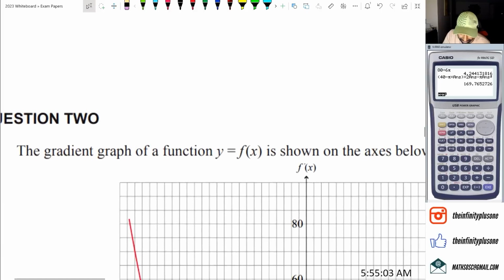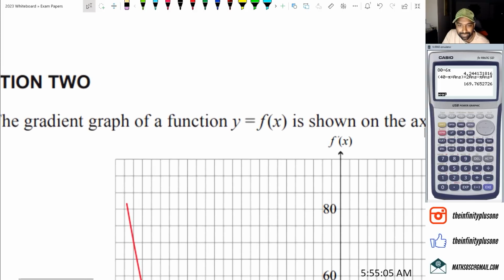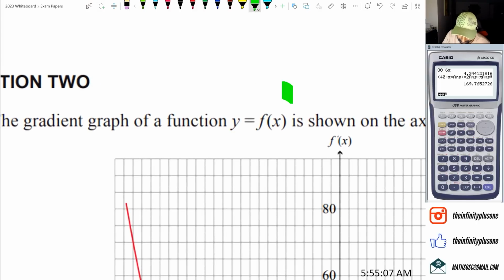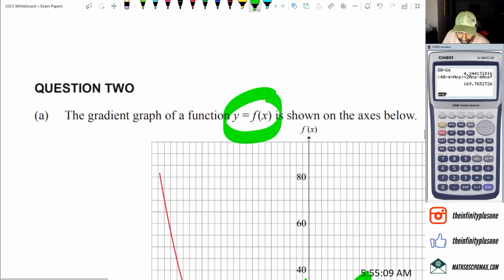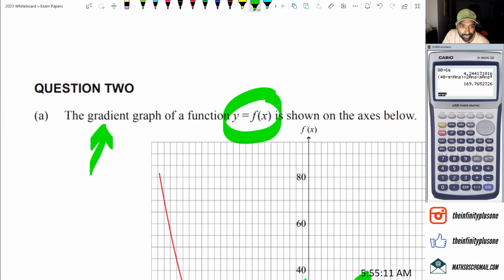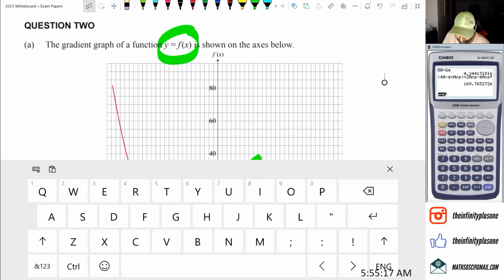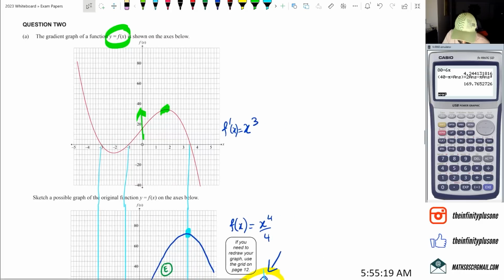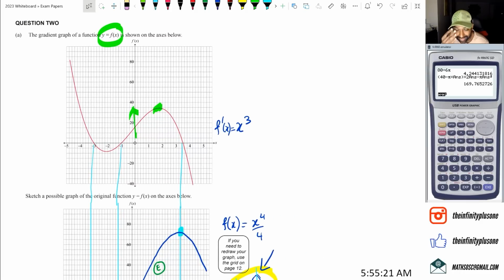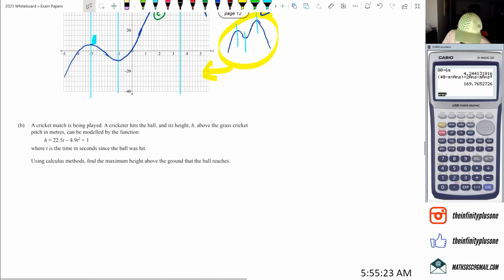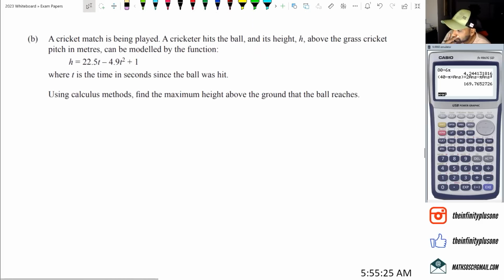Because look at this, the first thing I see is that f of x right there, and straight away I don't even read this part, the gradient graph, because I just go, oh, it's f of x, so that means I'm doing the derivative. It's kind of sad, but anyway, we move on.